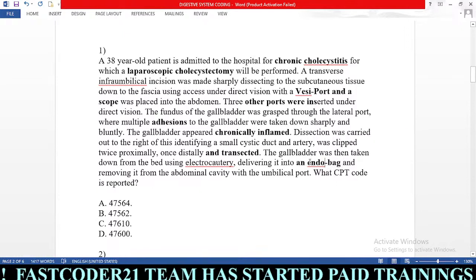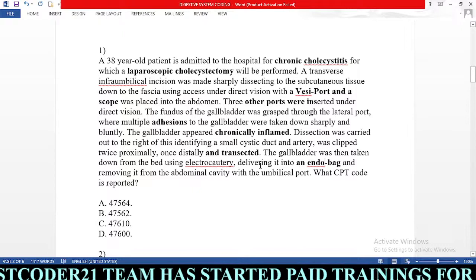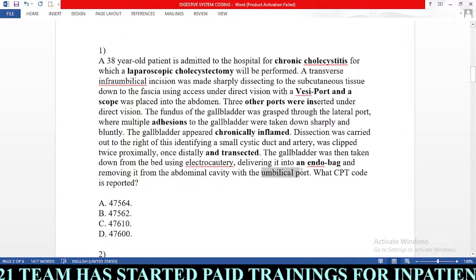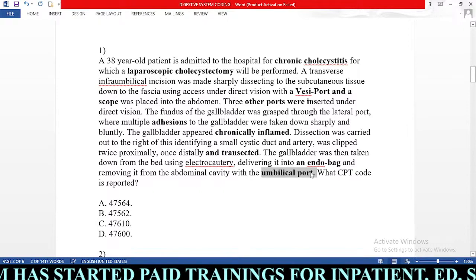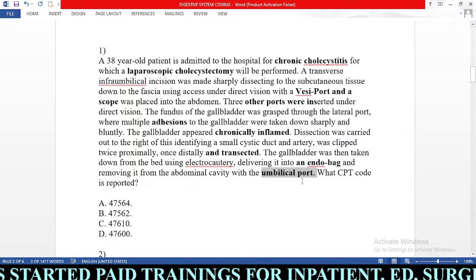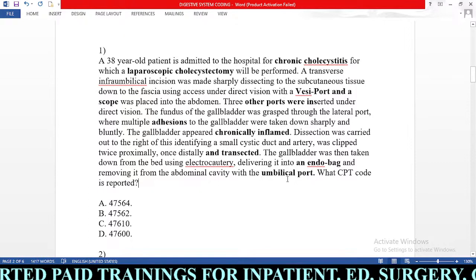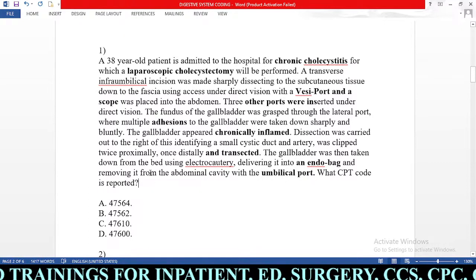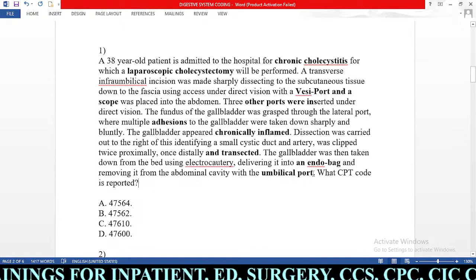So the endoscopic bag is removed from the abdominal cavity with the umbilical port. If we check this operative report, the physician has performed the complete procedure using the port.